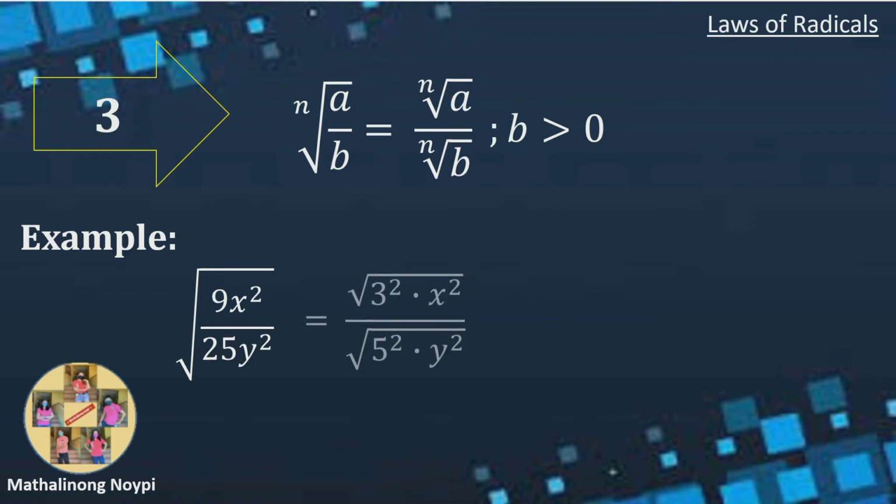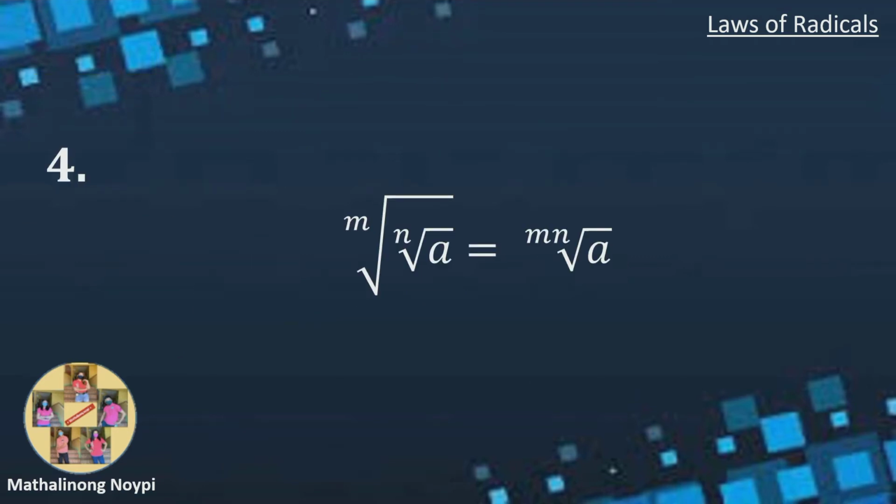So that is equal to the square root of 3 squared, that is equal to 9, times x squared over the square root of 5 squared is equal to 25 times y squared will give us an answer of 3x over 5y.